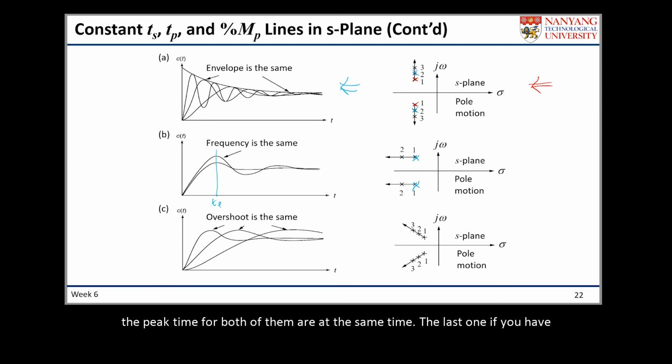The last one, if you have three systems again, but the poles of these three systems are on the same diagonal line, the overshoot of the responses of all of them will be the same, right? That's all for the unique properties of settling time, peak time, and maximum overshoot.